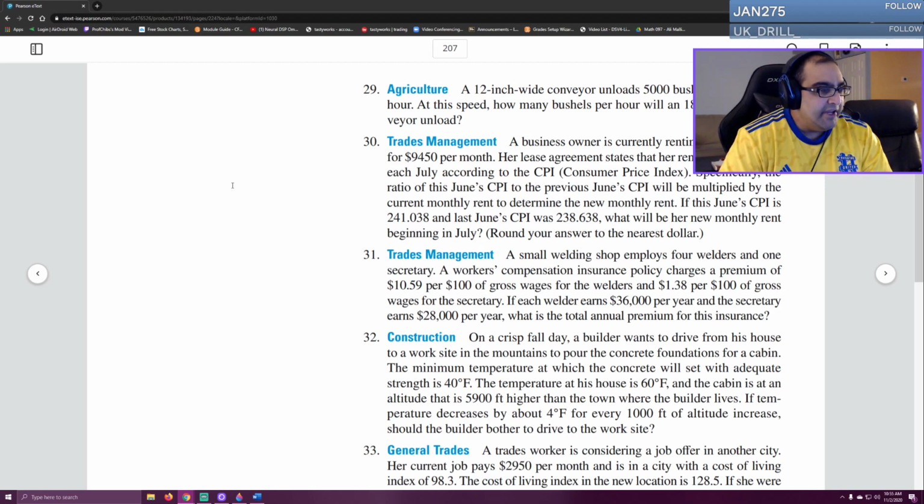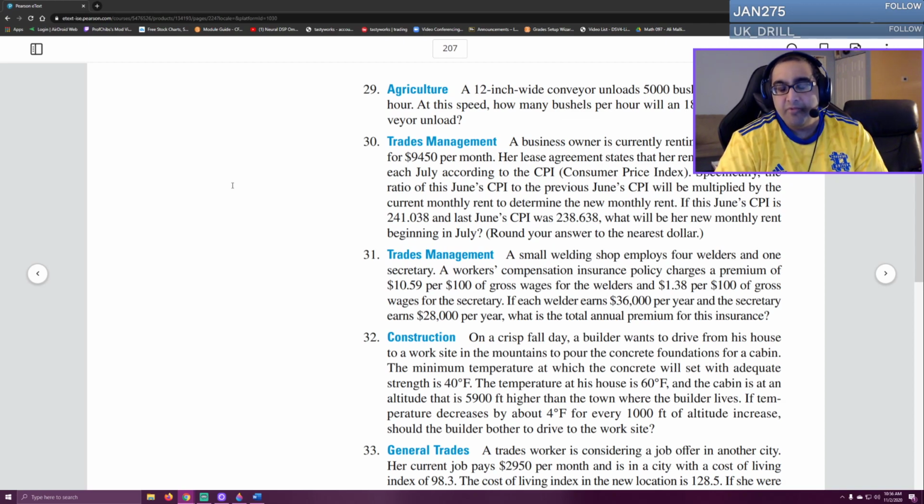Specifically, the ratio of this June's CPI to the previous June's CPI will be multiplied by the current monthly rent to determine the new monthly rent. If this June's CPI is 241.038 and last June's CPI was 238.638, what will her new monthly rent be beginning in July? Round to the nearest dollar.